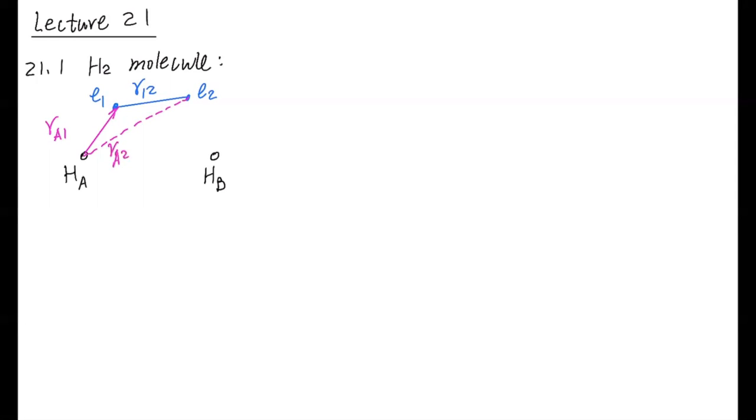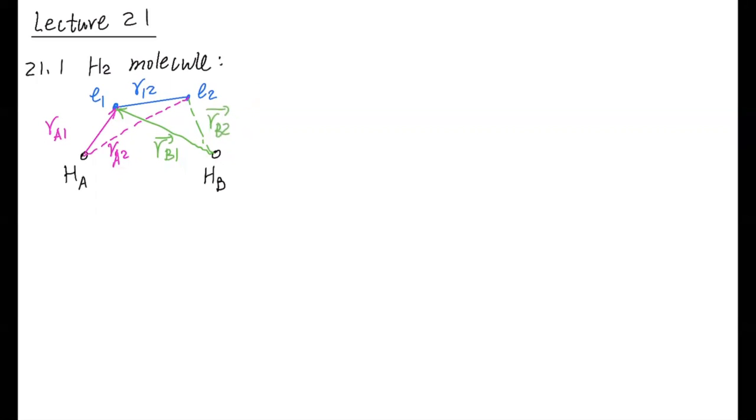You can have RB1 and RB2. So RB1 is the separation between HB and the first electron.